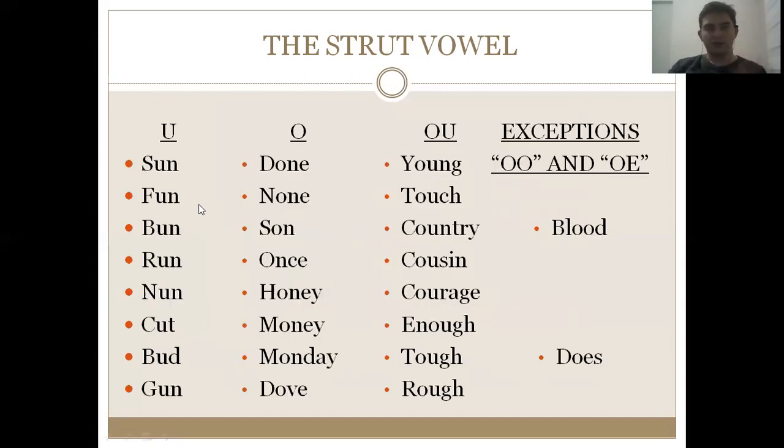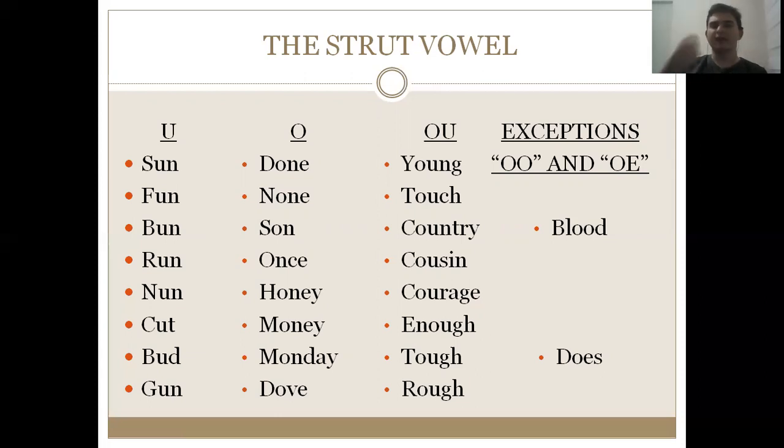As we've seen with the nurse vowels, different letters make the same sounds, like u, o, and we have exceptions like o and oe together. So: sun, fun, bun, run, none, cut, bud, or gun. You can hear that rut sound, right?